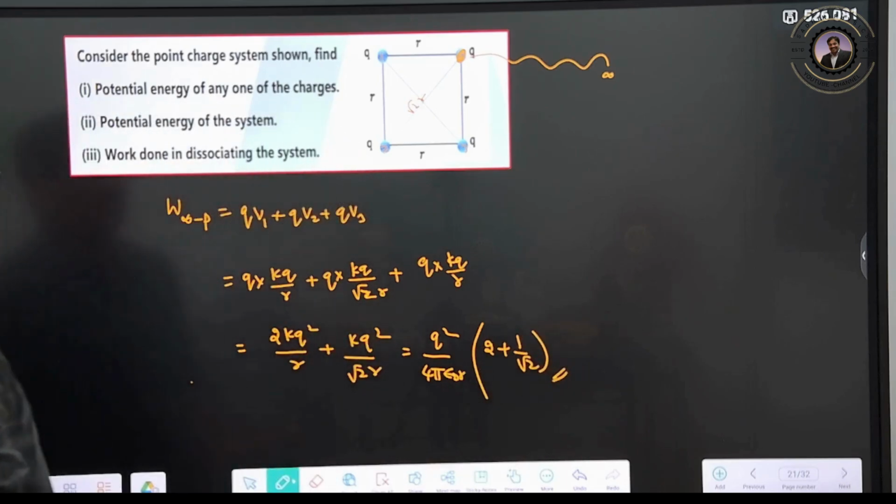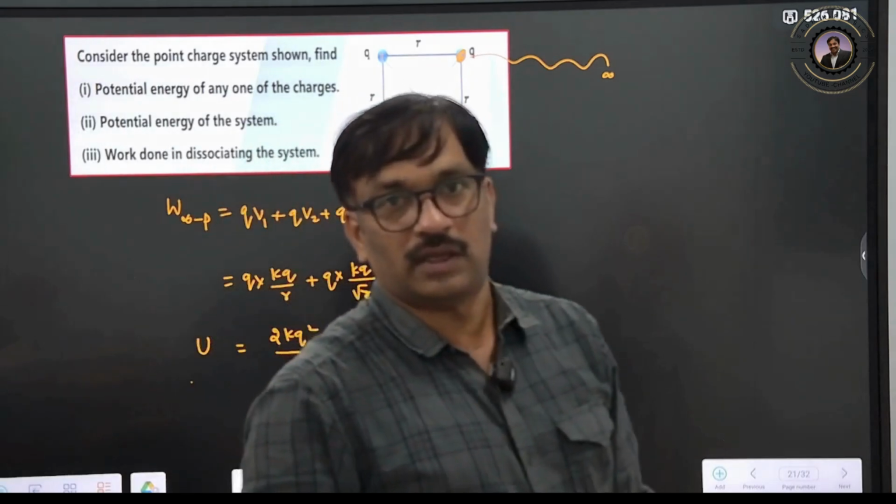This much amount of work is done to bring the charge. This much amount of energy was stored in any one of the charges. Clear?